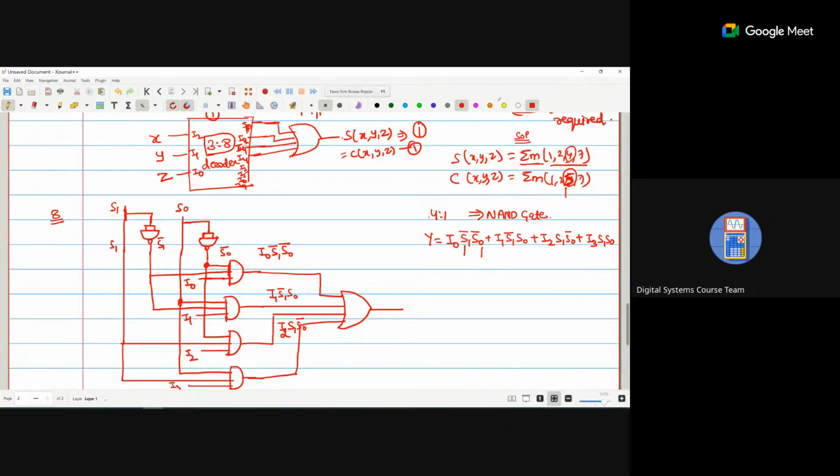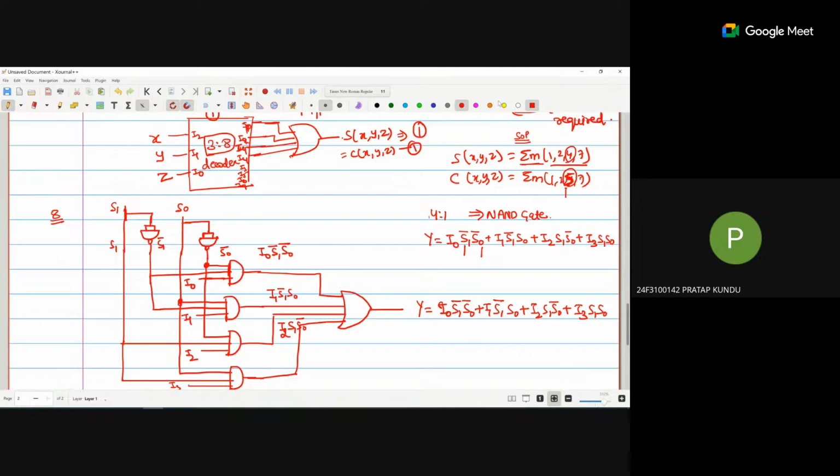So my Y expression is created. Y is equal to I naught S1 bar S naught bar plus I1 S1 bar S naught plus I2 S1 S naught bar plus I3 S1 S naught. Any doubt in this?